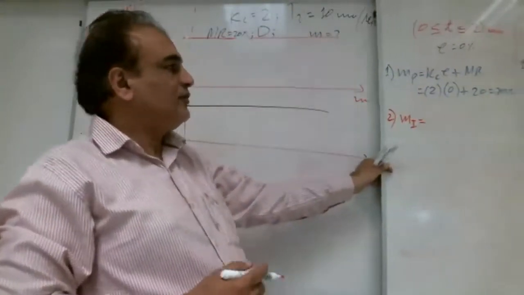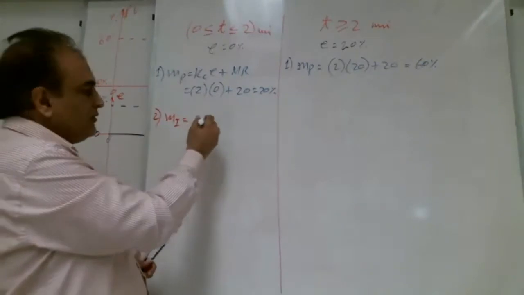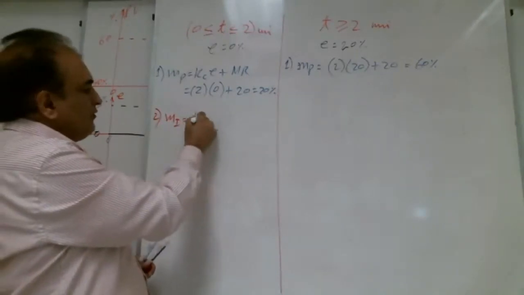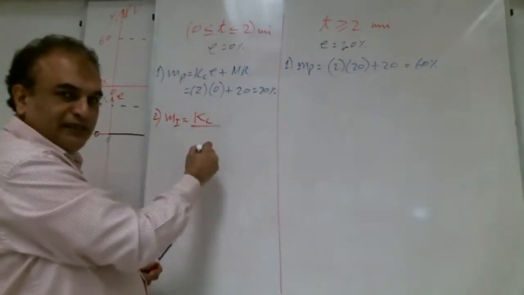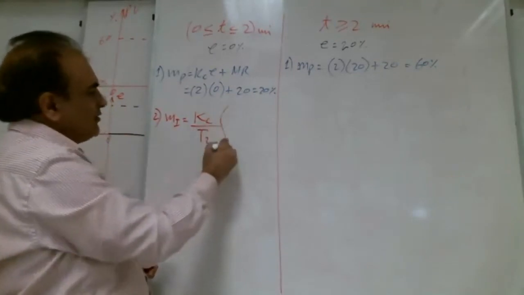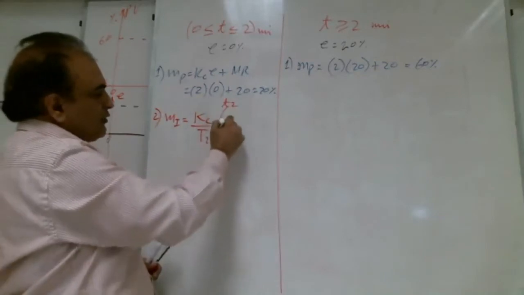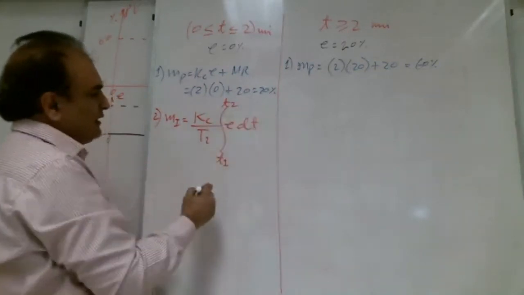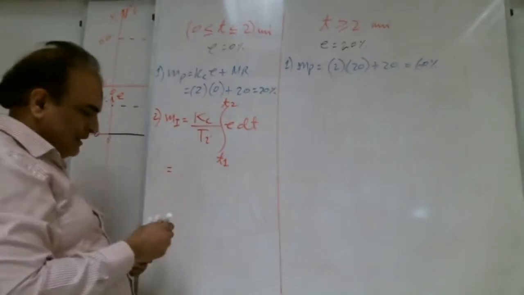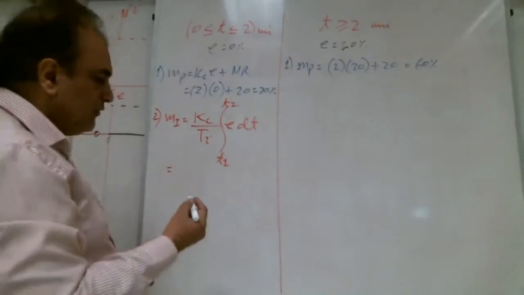Okay, fine. So what is MI, Shabab? Kc divided by TI, very good, integration of e dt from T1 to T2. What is Kc here, Shabab? 2, very good.